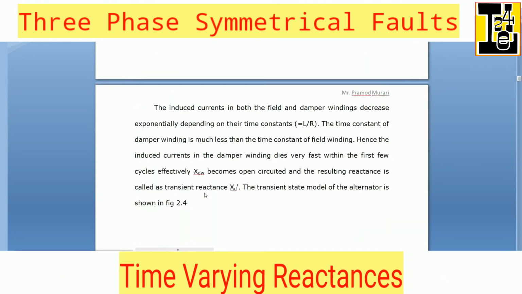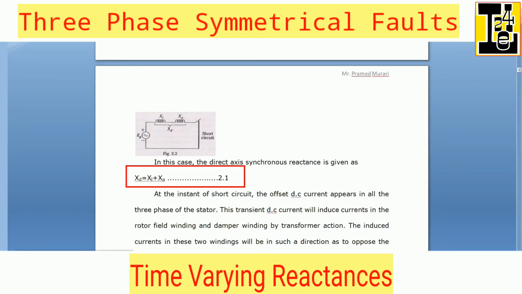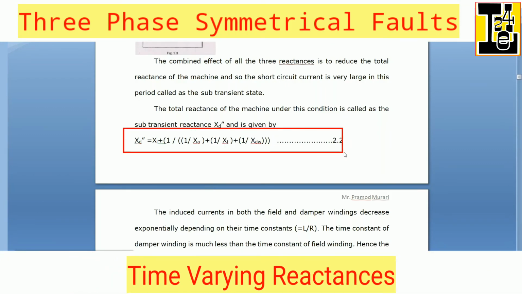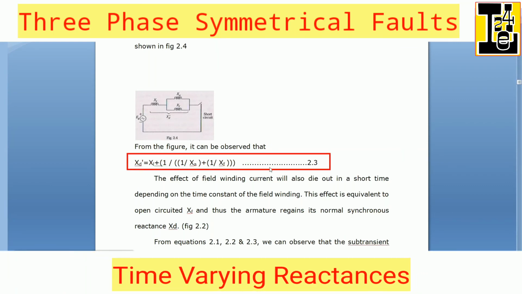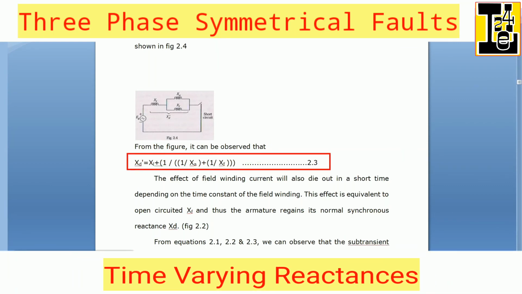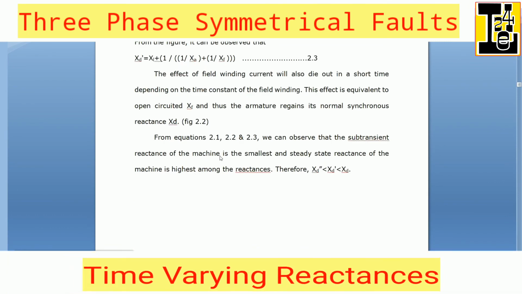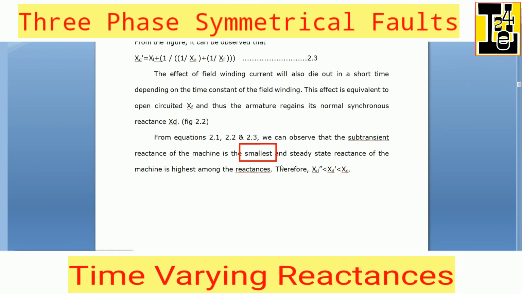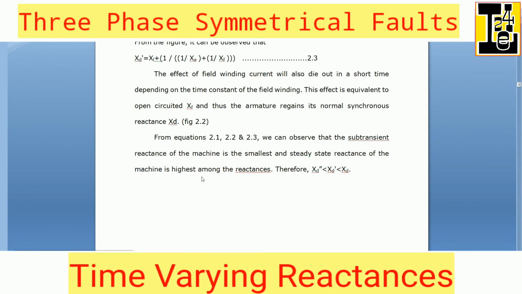So by observing the three equations, that is equation number 2.1, 2.2 and 2.3, we can say that the subtransient reactance of the machine, that is XD double dash, is smallest and the steady state reactance of the machine is highest among the reactances.